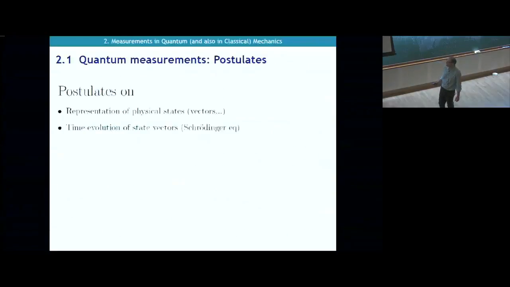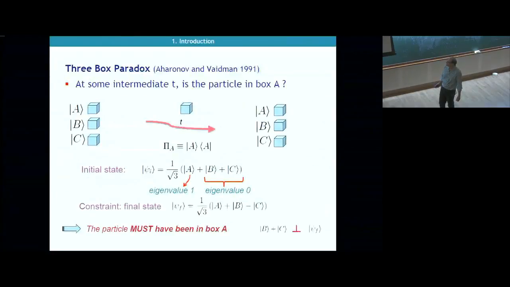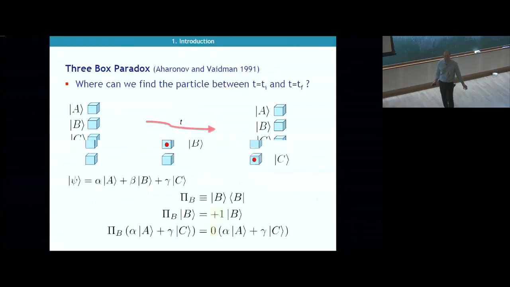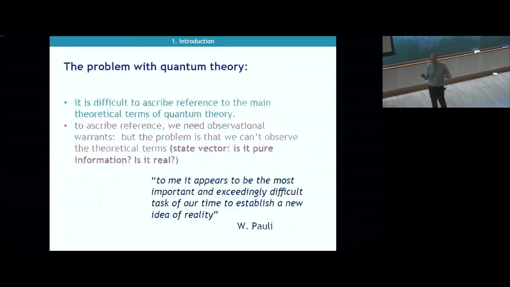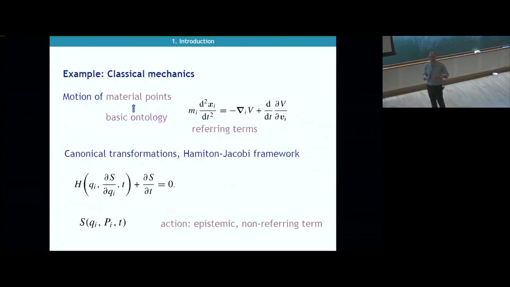That was the main issue. In classical mechanics, we have some basic ontology in terms of point-like particles. We know that reality is not made of point-like particles, but we know how to relate parts of physical reality to point-like particles.